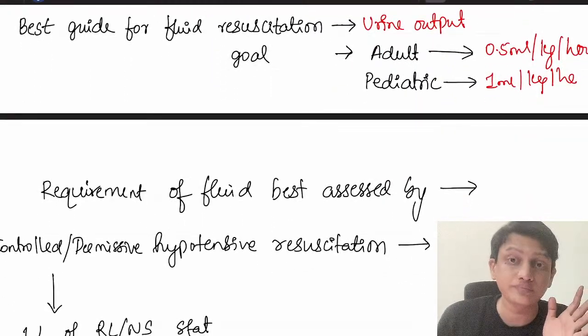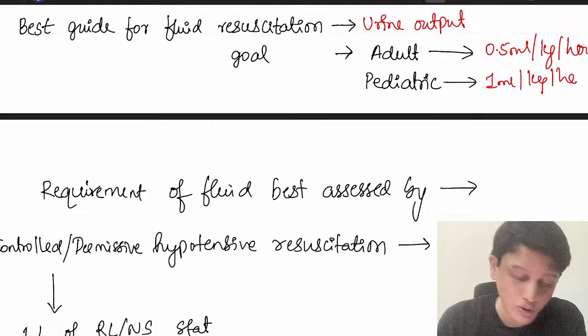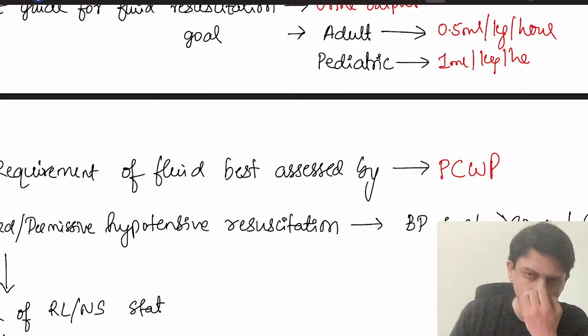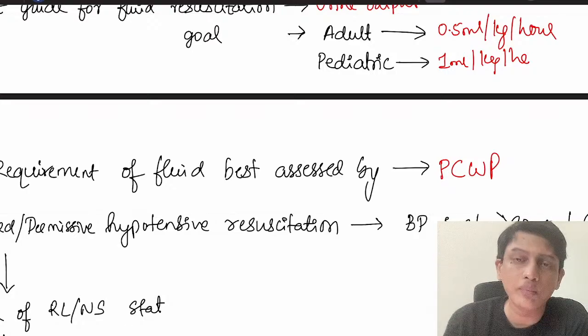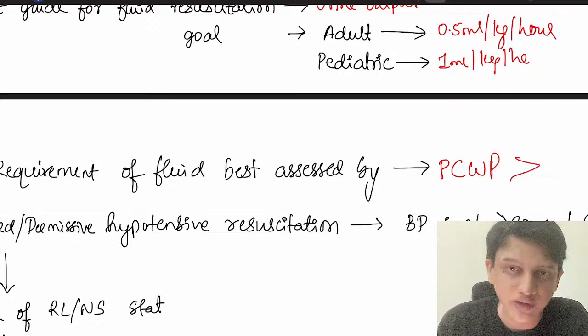Whether the patient requires fluid or not, initially, is best assessed by something called pulmonary capillary wedge pressure. What is that? No need to go into detail. In medicine anyway, they may teach you pulmonary capillary wedge pressure. Sometimes this is very difficult to measure, but it is the best means.